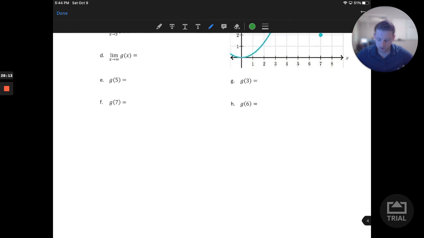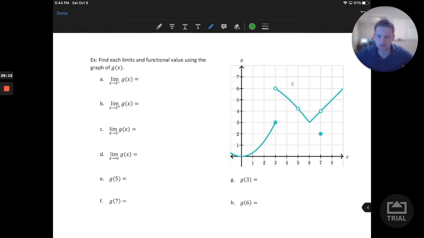We have one final graph to take a look at just for some extra practice. We'll start with a collection of limits at the value 3. We can consider the limit again as x goes to 3 minus. That's another left-sided limit. So we go from the left on this graph.